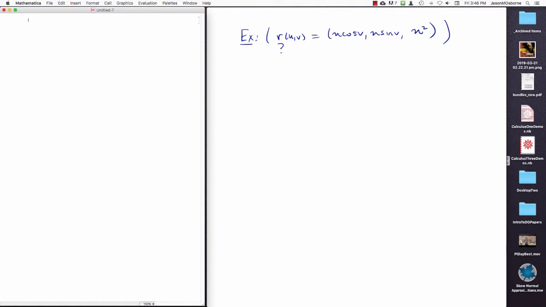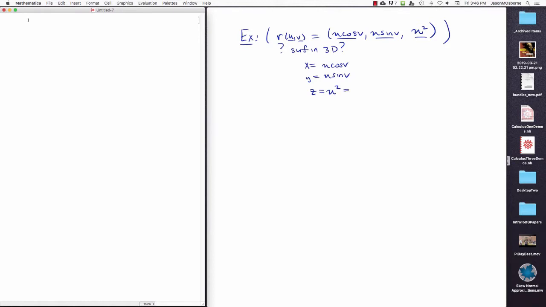Well, you know it's a surface. There are 2 parameters. It's a surface in 1, 2, 3 dimensional space. But what sort of surface is it? Well, you'll notice that x is equal to u cosine of v, y is equal to u sine of v, and z is equal to u squared.